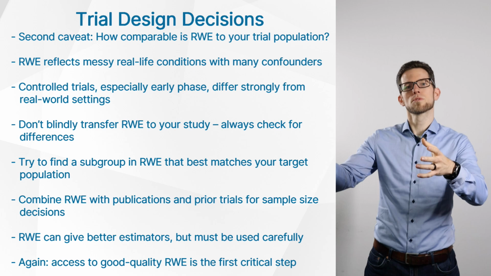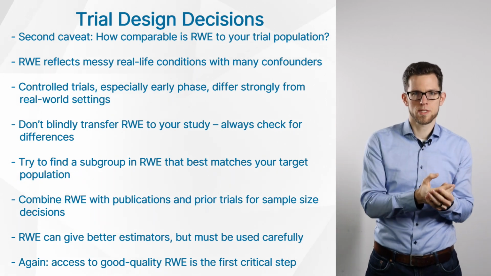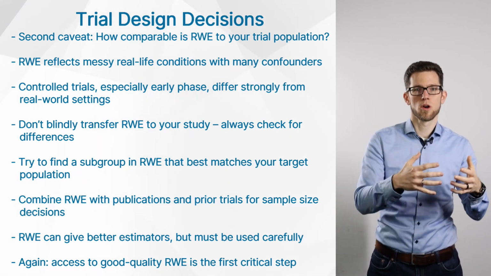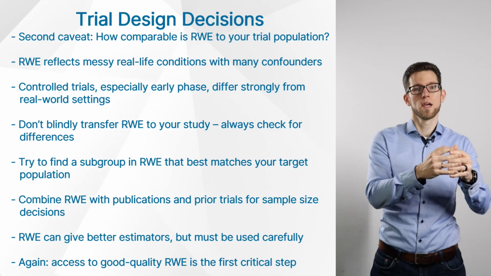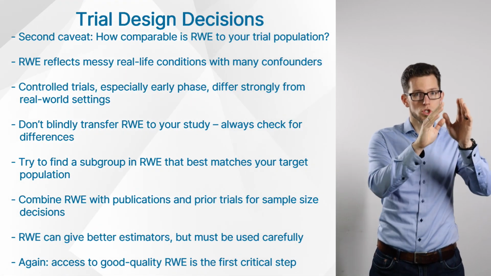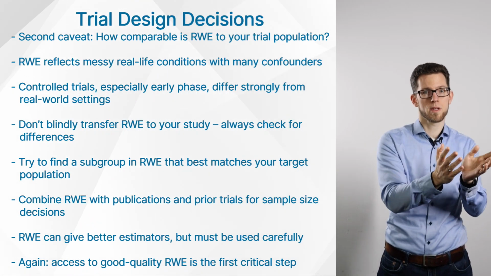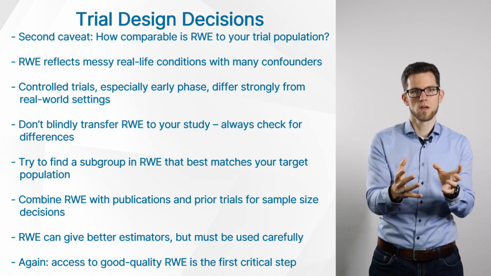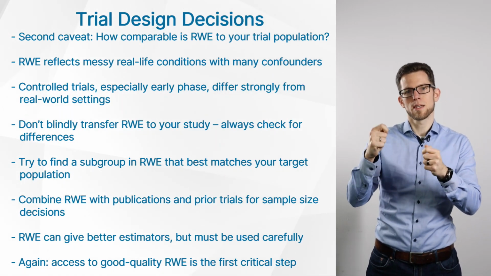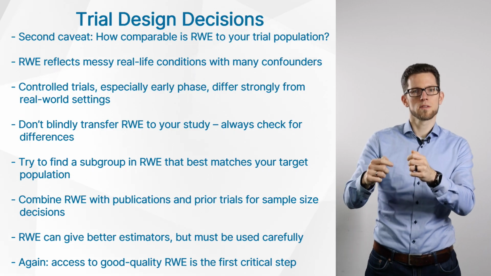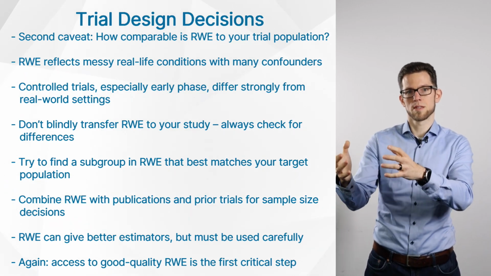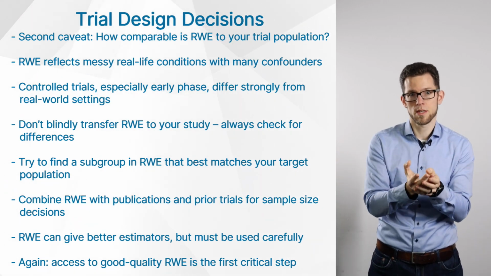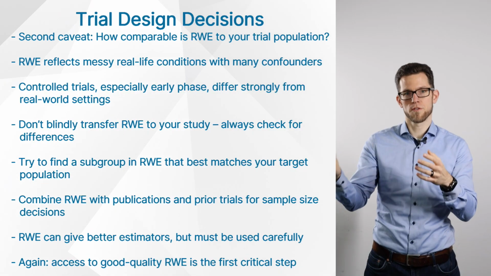So, as you take real-world evidence to inform your sample size calculation, you must acknowledge and account for the differences you will encounter to a strictly controlled trial population which you would enroll in, for example, early phase clinical trials. So, don't just blindly trust the information you will find in real-world evidence as representative for the population you're going to study, but rather reflect on where there are differences.